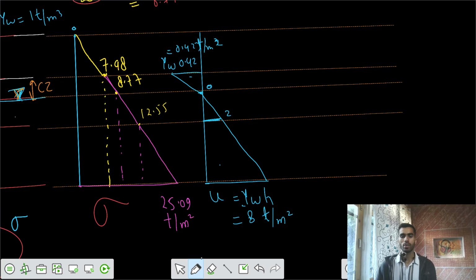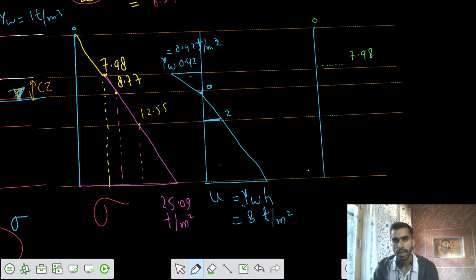And if I try to draw the final effective stress diagram now, that is the difference of the two. So zero at the start, and let's talk about the location just before the capillary zone. At that point we had to write 7.98, sigma minus u.